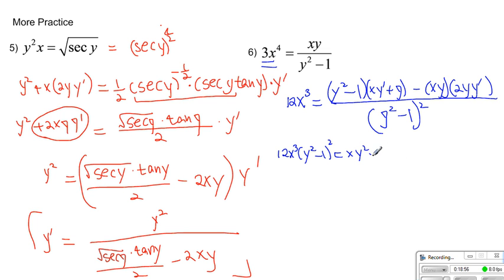And then y prime minus xy prime and plus y cubed and minus y.